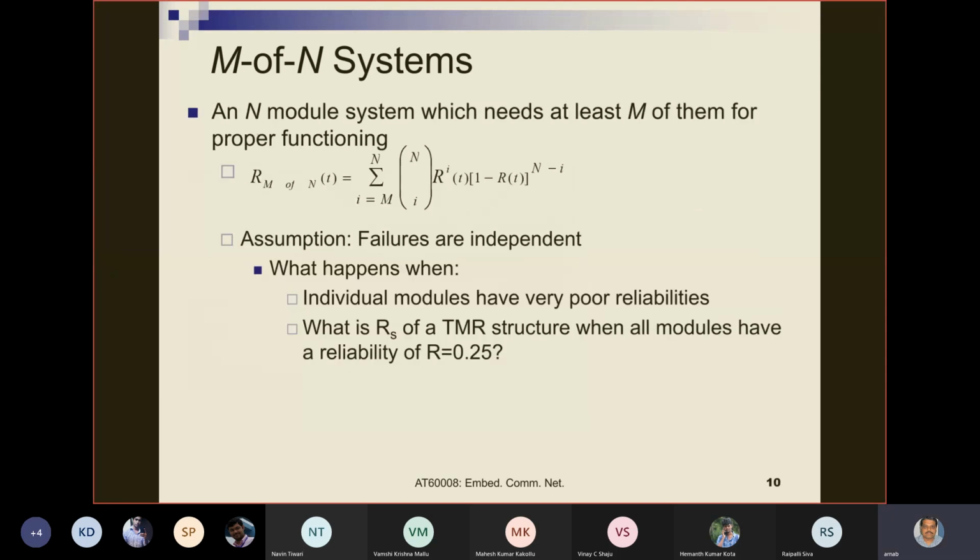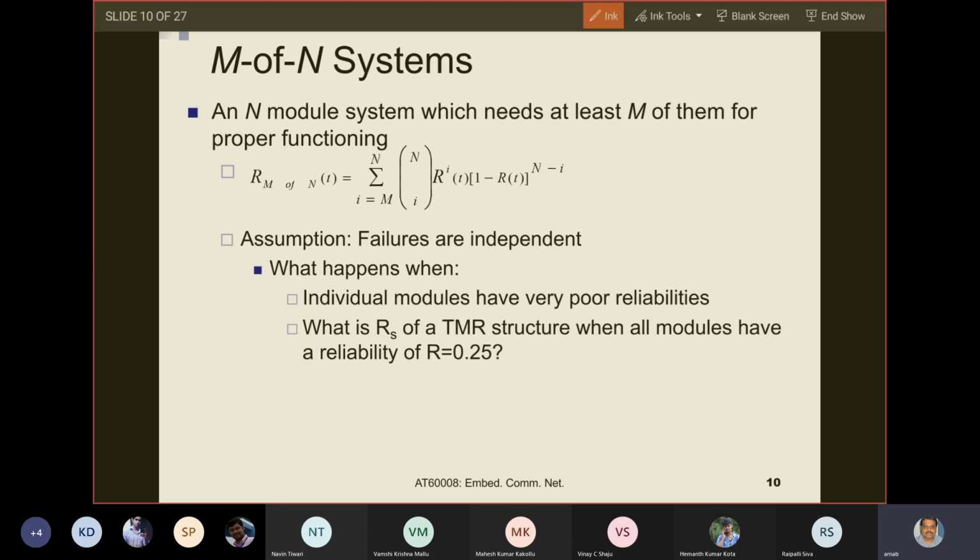What will it be? Let me just quickly write it. That will be R_V, the reliability of the voter, multiplied by the summation, i equals 2 to 3. If two are working correctly, then it is fine.